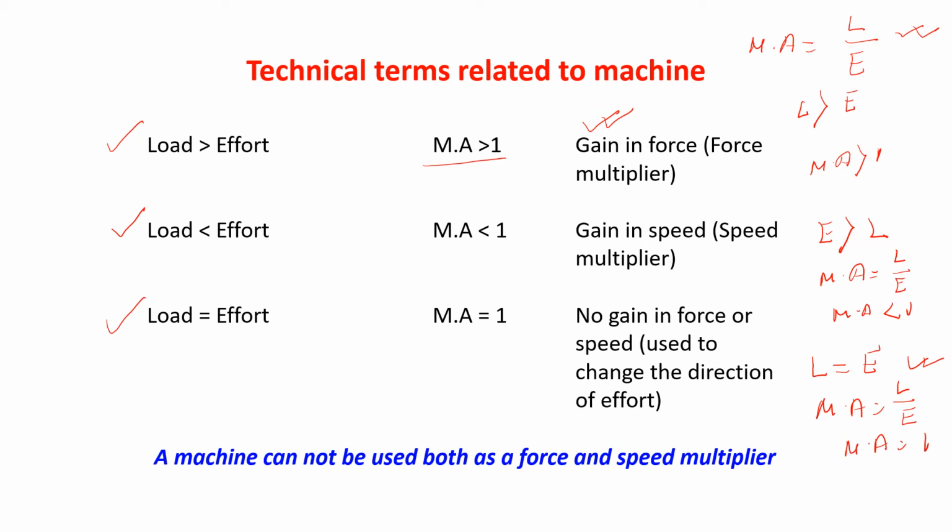If this is the case, then this is used to change the direction of effort. Now a machine cannot be used both as force and speed multiplier together. Am I clear to you? This is a very important slide.